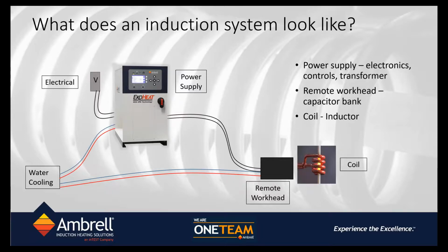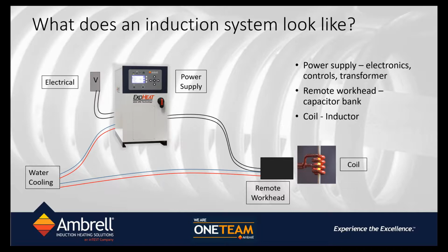Typically, going from left to right, you can see that water cooling and electrical power inputs are provided to the induction heating power supply. The power supply is basically the engine that runs the induction heating system. It is an electrical device whose purpose is to get the electrical signal from the wall and convert it into a high frequency signal.